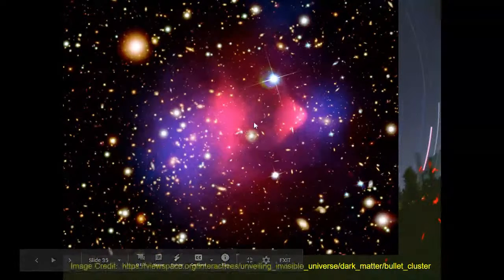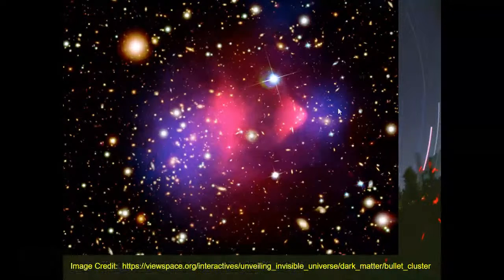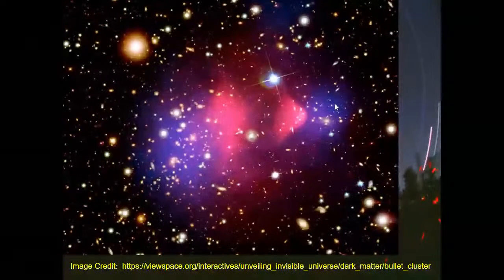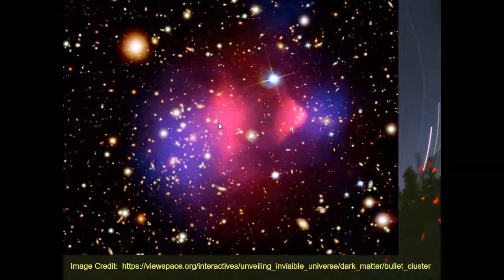Now, obviously, this is expected because dark matter doesn't have any other interaction except some tiny weak interaction and gravitational interaction. So when the clusters collided, they simply would pass through.